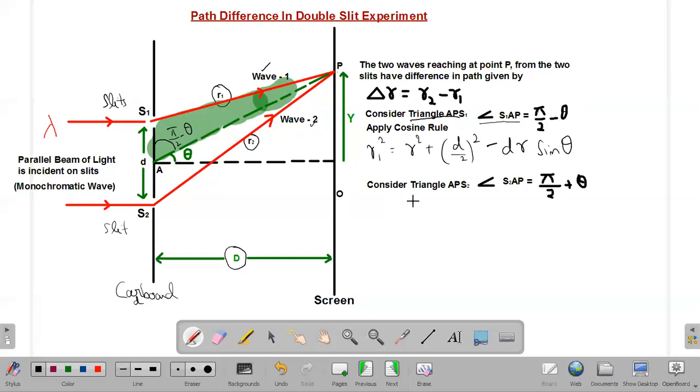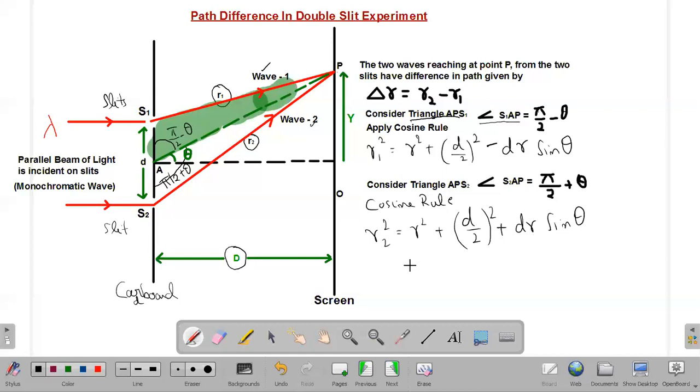Similarly, if I apply the cosine rule in the triangle APS2, where this angle S2AP will be pi by 2 plus theta, I will get R2 square equals R square plus (d by 2) whole square plus dR sine theta.